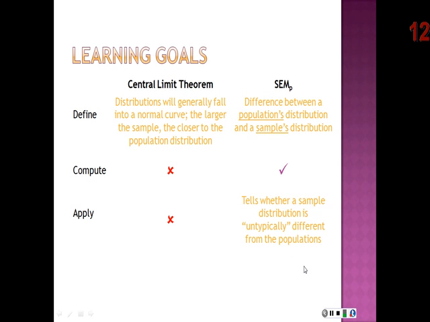What it tells us is whether a sample distribution is atypically different from the population's distribution. If we have a sample distribution that is not very typical of the population distribution, then that's telling us we don't have a good sample, or there's something going on with that sample, and we need to either add to it or take a different sample.